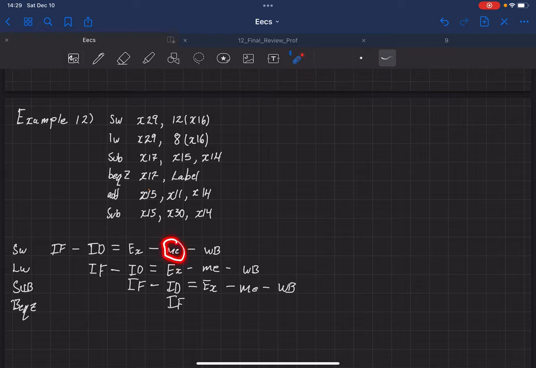Why? Because the store word is using the memory at this very moment. So we only have one memory unit, so we can't be fetching an instruction while trying to store some data in our single memory. So there we're going to insert a stall. Okay, now let's try again. Instruction fetch.